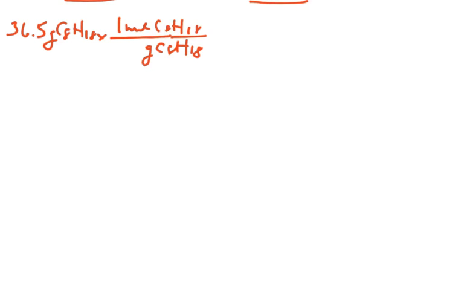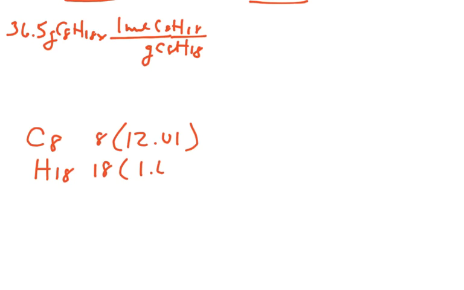Let's just do this. So we have C8 and H18. So we need 8 times carbon, which is 12.01 from the periodic table, and we have 18 times 1.01 from the periodic table. So this is going to be 96.08, and this will be 18.18.